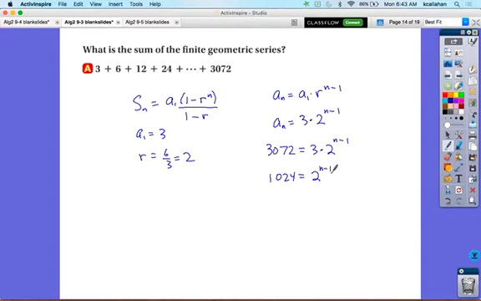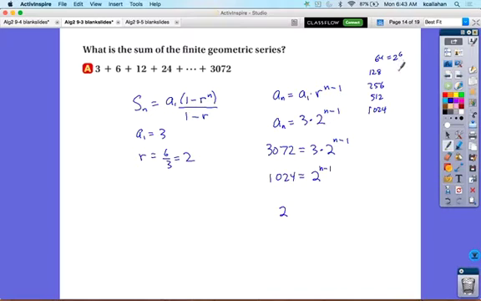Even that's kind of a hard calculation, to tell you the truth. I mean, you just have to know what power of 2 equals 1024. 1024 is, let's see, 64 is 2 to the 6. So then we've got 128, 256, 512, and 1024.